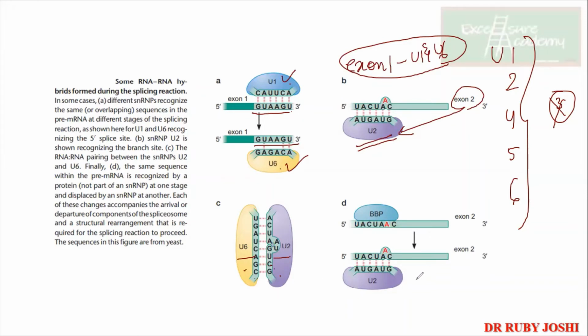Then we have the other protein BBP, which can bind to exon 2. ठीक है? Now BBP का काम क्या है? To take this A out so that U2 can bind to exon 2. Yes, guys, I hope this is clear. I'm sure you won't be able to remember this right now, but the concept is clear, like who is interacting with what.